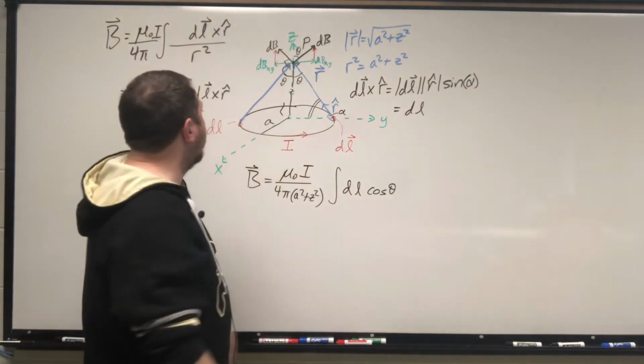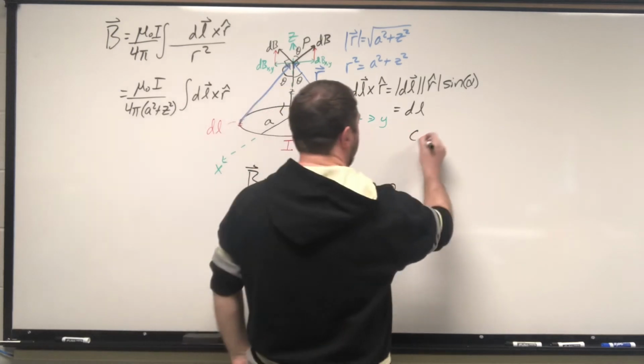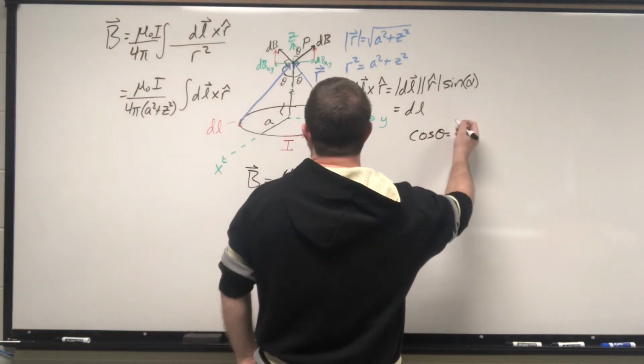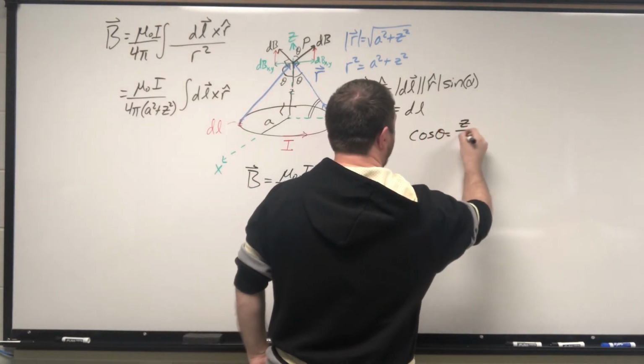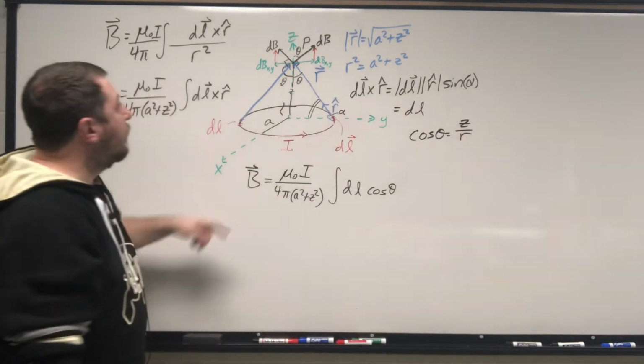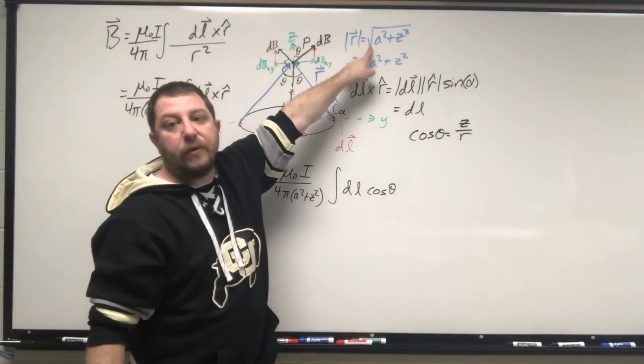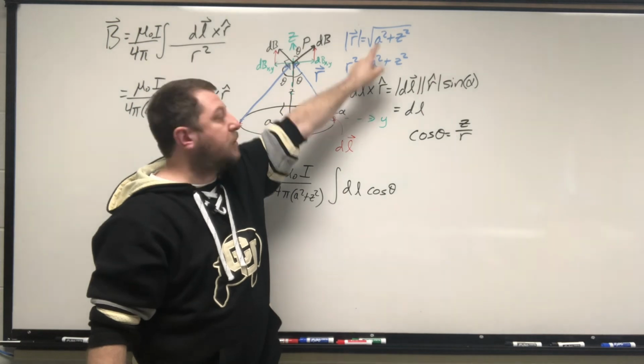So cosine theta, in this case, is just going to be z over r. So I'm going to get another factor of the square root of a squared plus z squared.